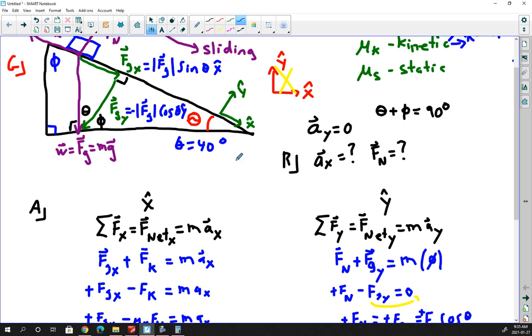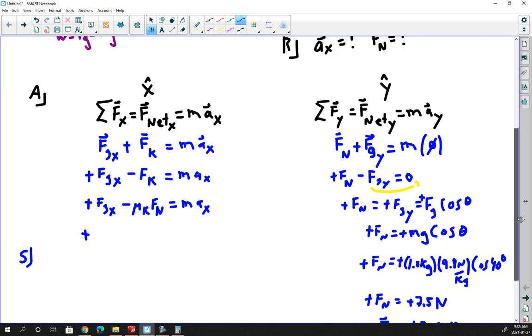Just like this one here was positive Fg cos theta, this is positive Fg sine theta, minus mu k times the normal force is equal to mass times acceleration in the x direction.